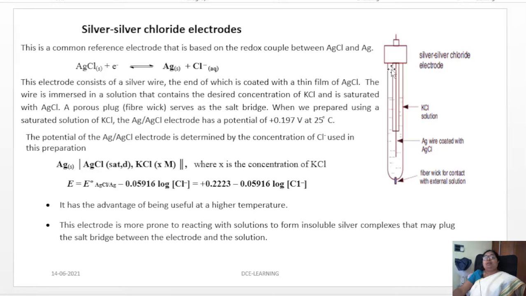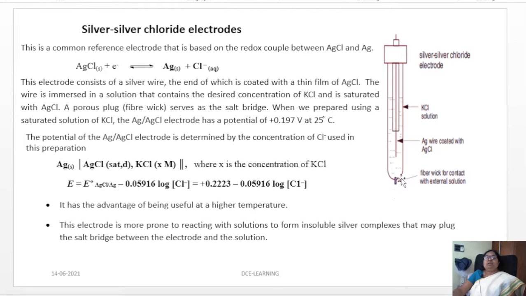So this electrode consists of a silver wire at the end, which is coated with a thin film of AgCl. The wire is immersed in a solution containing the desired concentration of KCl, and it is saturated with AgCl. That is also one of the things you must know about.